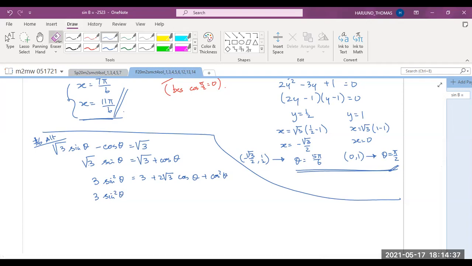Oh, you know what? Let me change the sign instead, because I have cosine theta here. So this is 3 times (1 minus cosine squared theta).